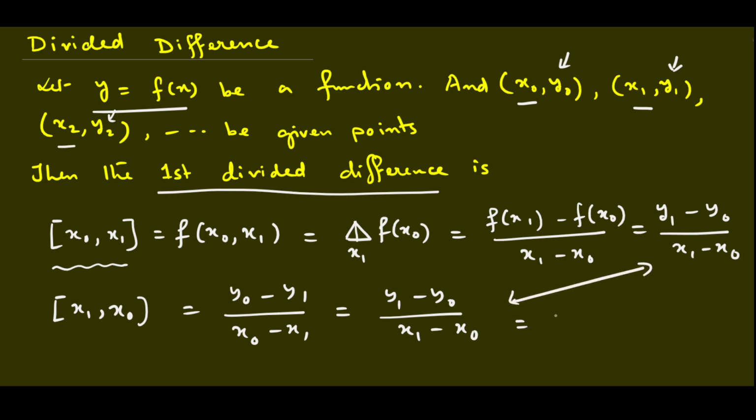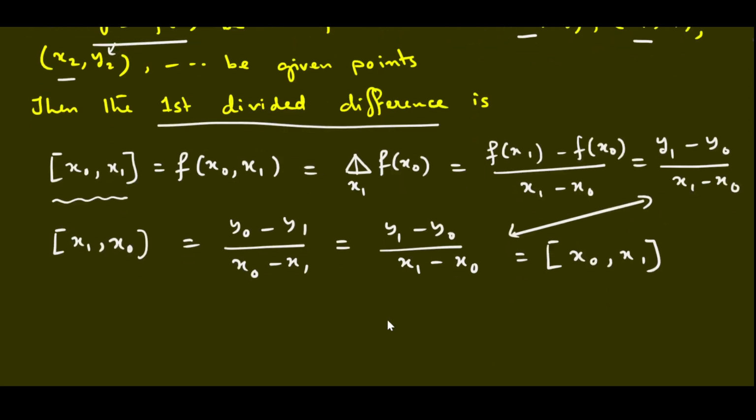So from here we can say that the first divided difference of x1, x naught and x naught, x1 is the same. So we can conclude that these divided differences are symmetric. If you reverse the arguments, it will remain the same. So this is our first divided difference.